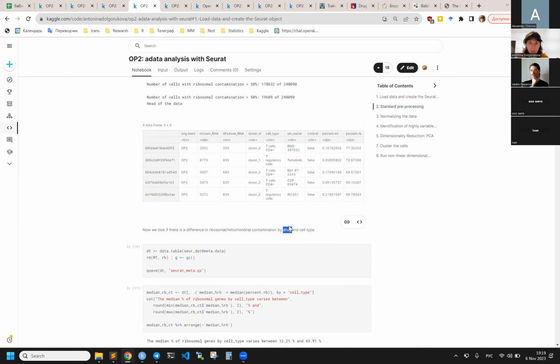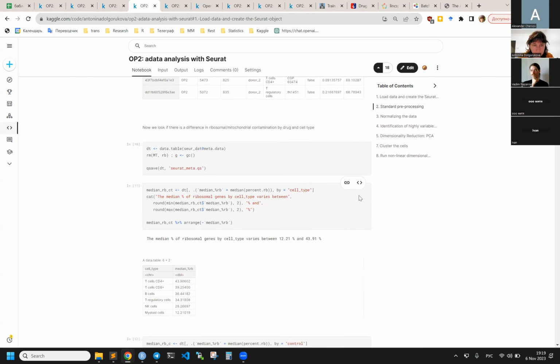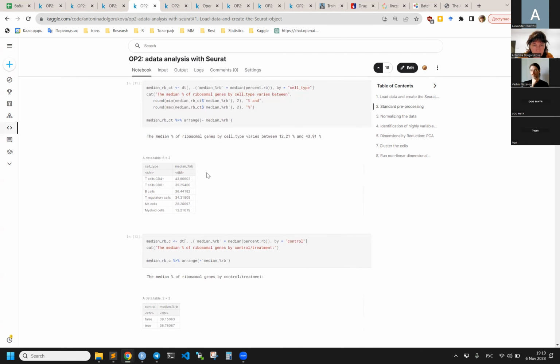Maybe these cells are treated with only these particular drugs or something like this, which may give us some knowledge about drug effects. And we see the median value of ribosomal genes by cell type.